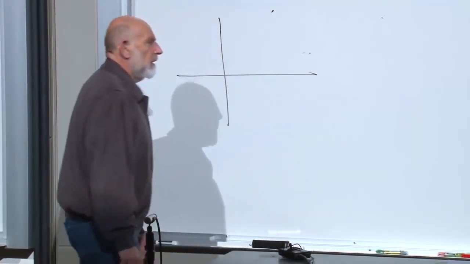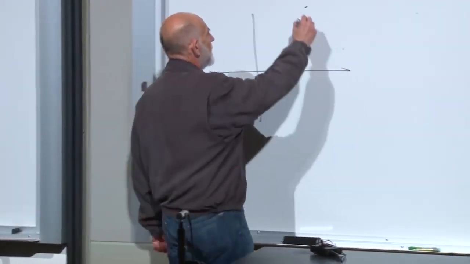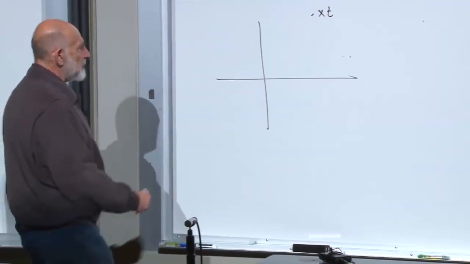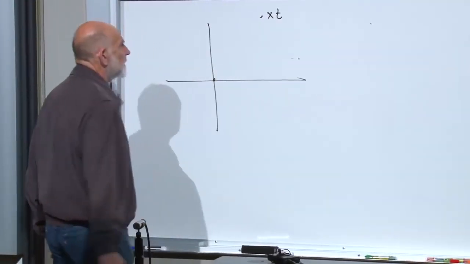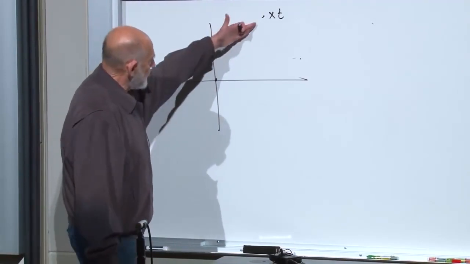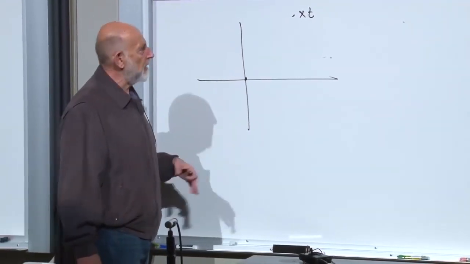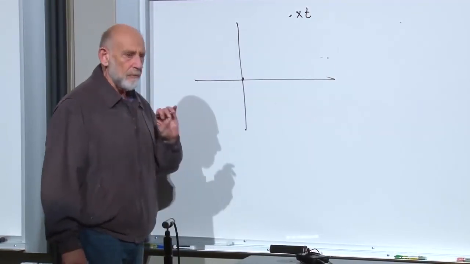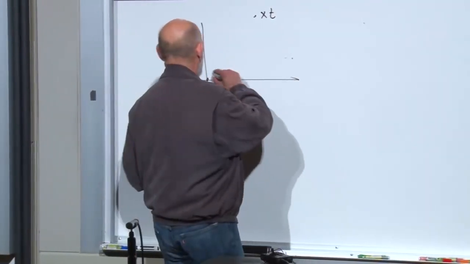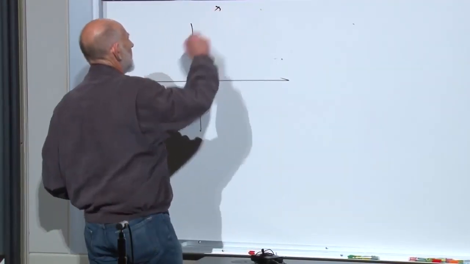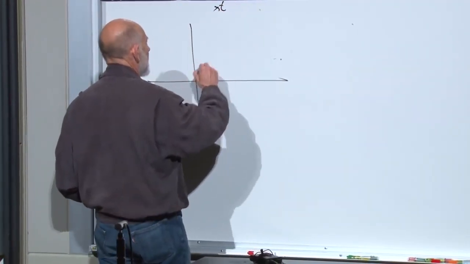If we have an event taking place at point X and T, we found out last time that there's an invariant notion of separation, space-time difference, or space-time distance between them, the proper time.